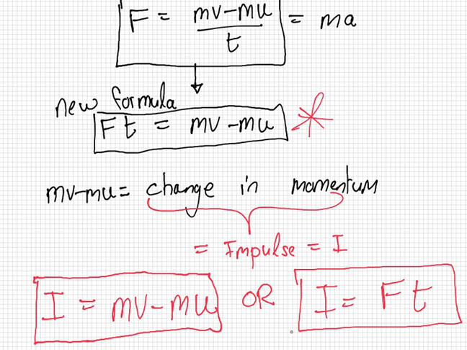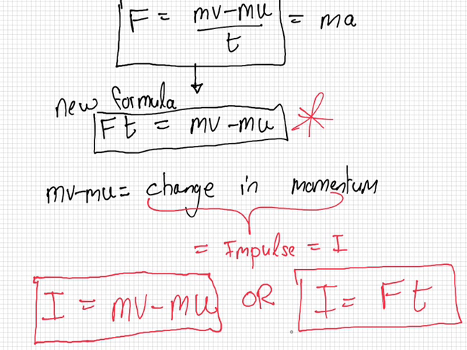It depends on what information you know. If you know the velocities, you can use the first formula. But if you know the force that changes the velocity and the time, then you can use that. Same situation, it's just different information.